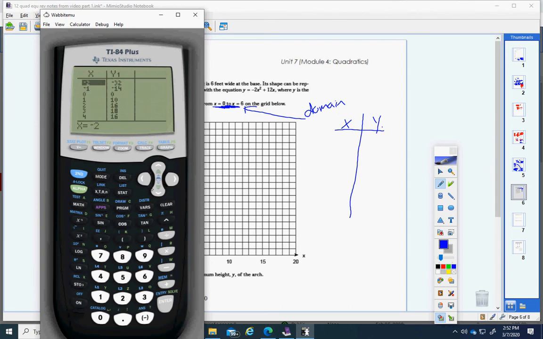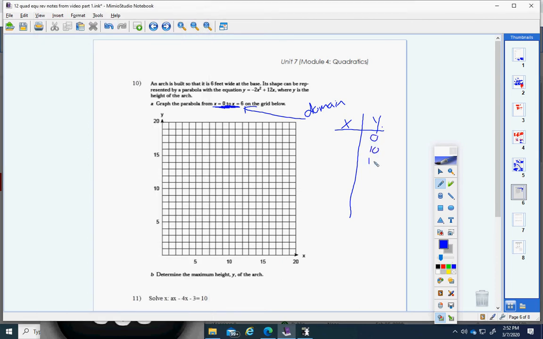And they want me to graph it from 0 to 6. So 0, 10, 16, 18. And then plot these points.